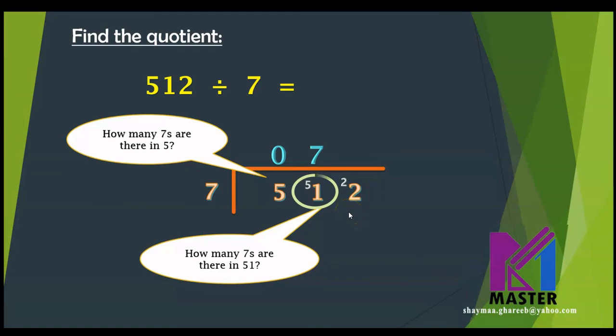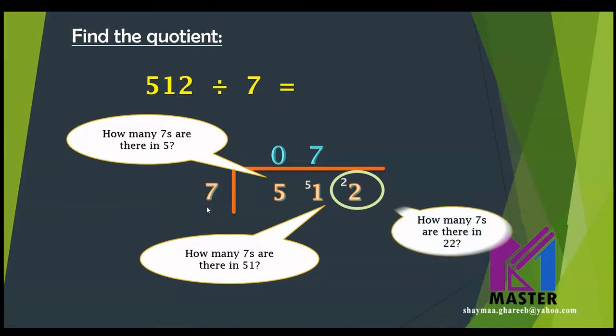Now I will move to the next digit. The number I have is 22. 22 divided by 7. How many 7s are there in the 22? 3 7s equals 21. So it will be 3 remainder 1. Do I have any more digits after the 2 to put the remainder?